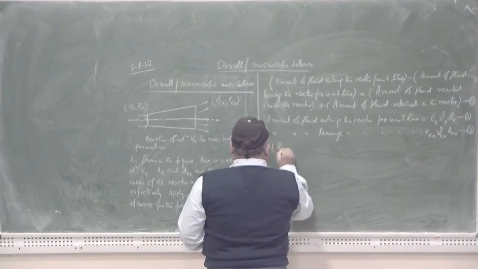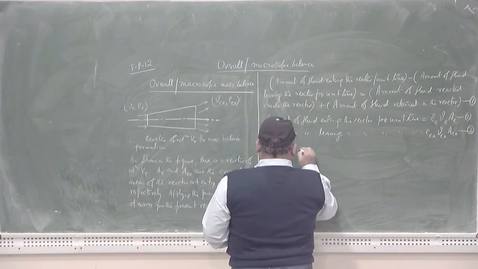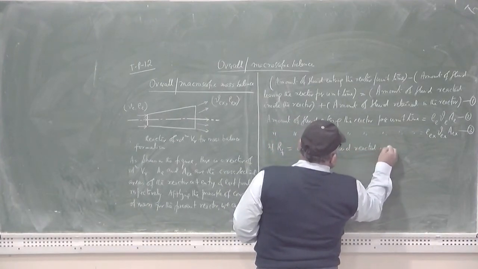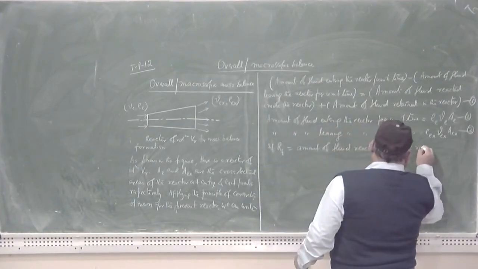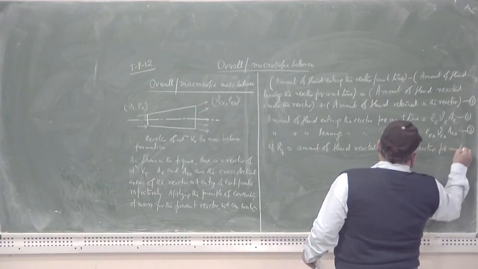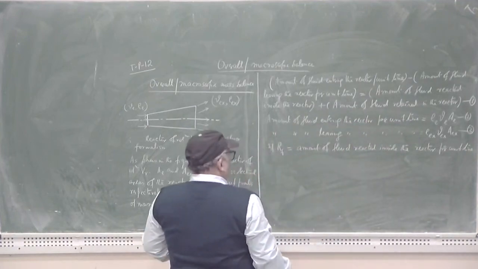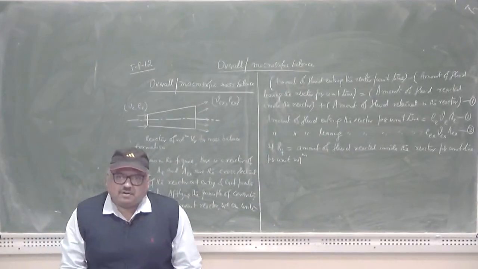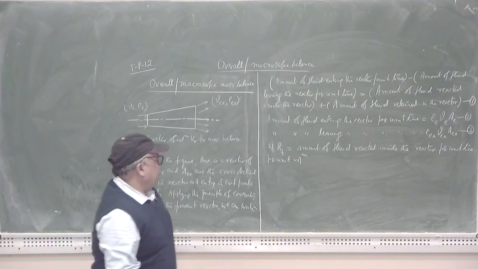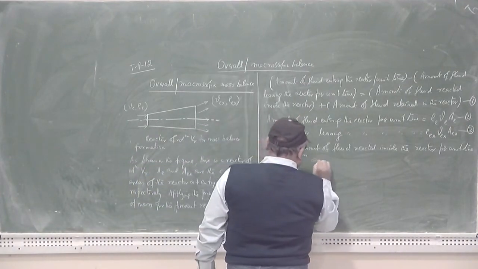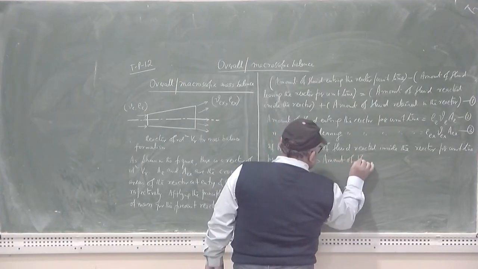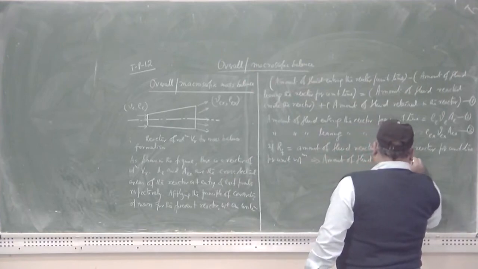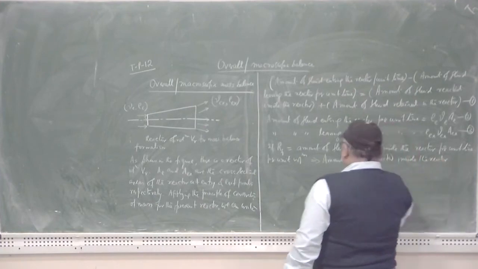If RF is the amount of fluid reacted inside the reactor per unit time per unit volume, then the amount of fluid reacted inside the reactor should be equal to how much?